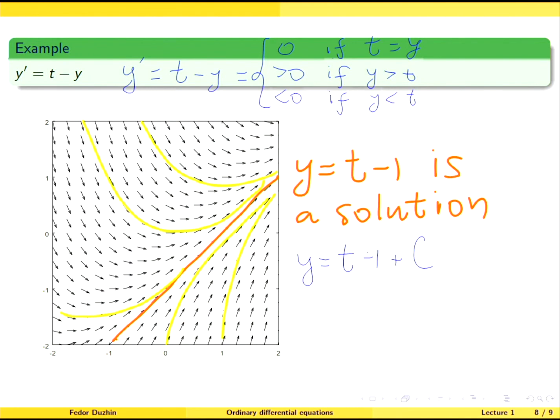Well, let me denote it as maybe g of t, while this g of t approaches 0 as t approaches infinity. Well, most of the time, but of course not all the time, but usually it means that this is really t minus 1 plus c times e to the power minus t.